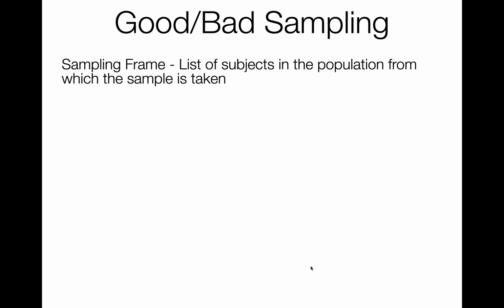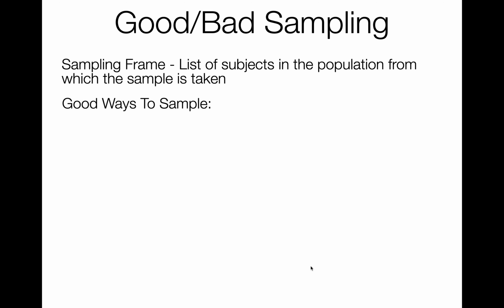So, for instance, if I am interested in collecting data about Shippensburg University, I can get a list from the registrar of all students on campus, or currently active at the university. That wouldn't be bad for me to get, and so that would be my full sampling frame, which is an ideal case. But unfortunately, a sampling frame may not be available. So that's a sampling frame.